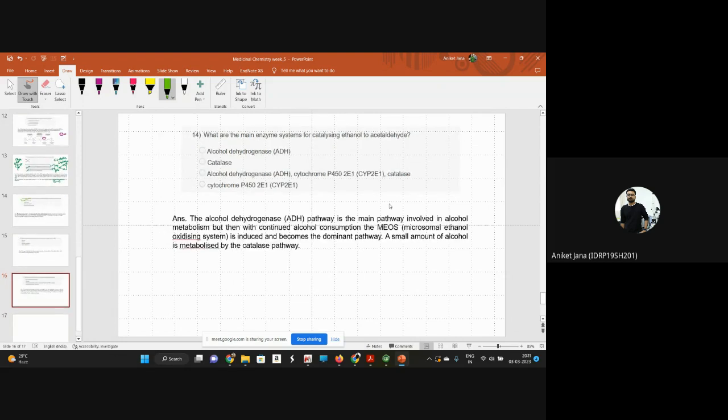So what is the main enzyme system for catalyzing ethanol to acetaldehyde? Alcohol dehydrogenase, catalase, or cytochrome P450? What are the main enzymes for ethanol to acetaldehyde?